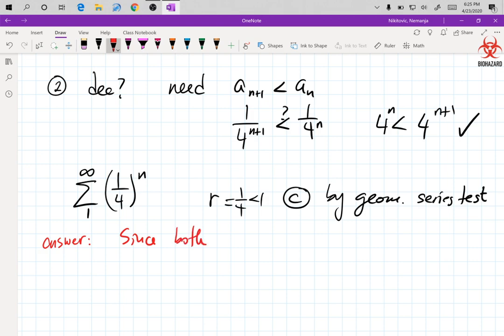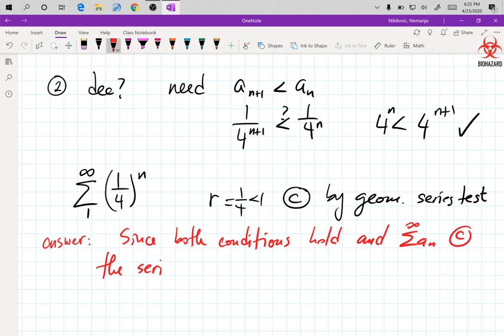Since both conditions hold and the summation of an converges, the series of (-1)^n over 4^n, well, we had it differently written, converges absolutely. You can put AC, you can put CA, I don't care. Absolute convergence.